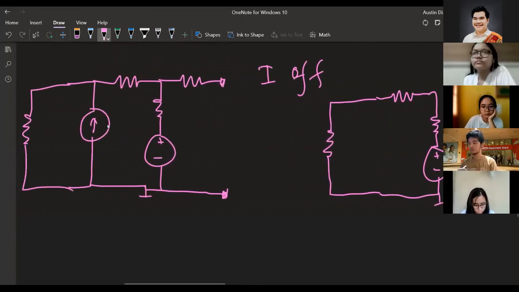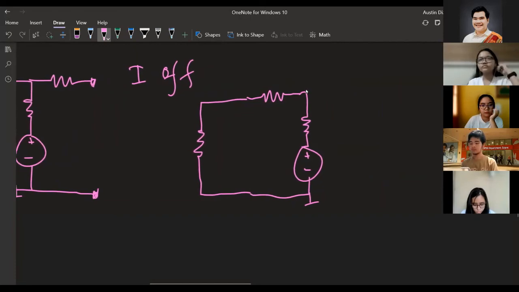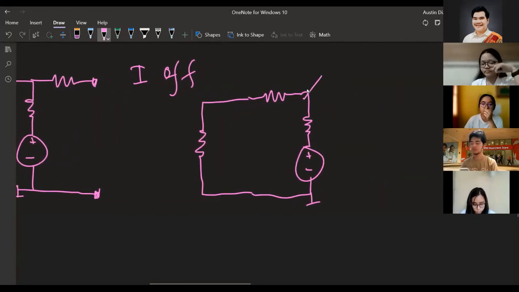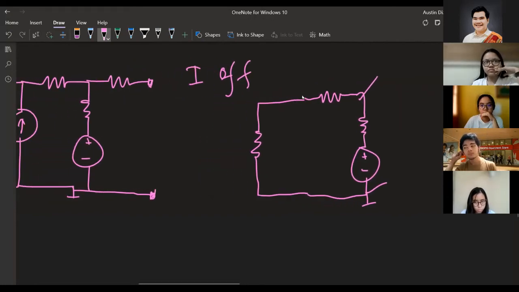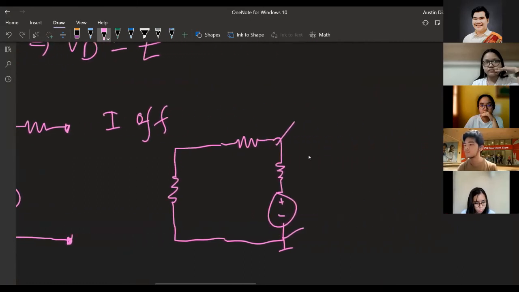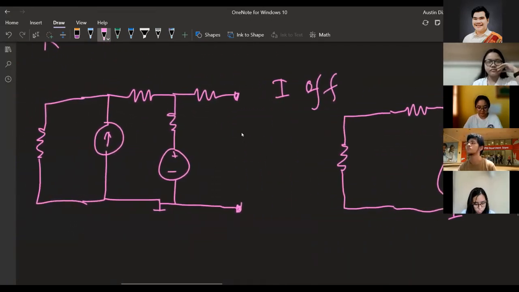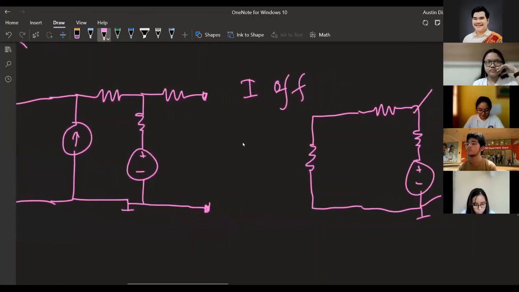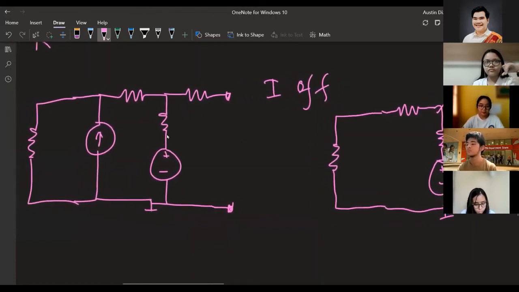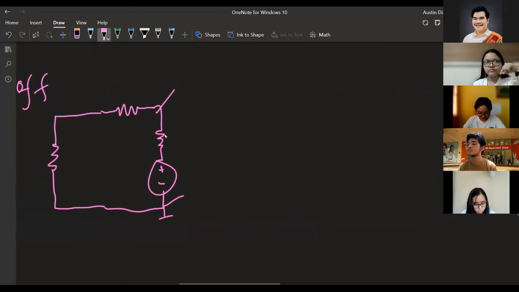Kapag pinatay ko si I off, ang makukuha ko dito na voltage minus dito. Ito yung unang ano natin, no? Part 1 ng Thevenin natin na voltage is something voltage divider lang nito.